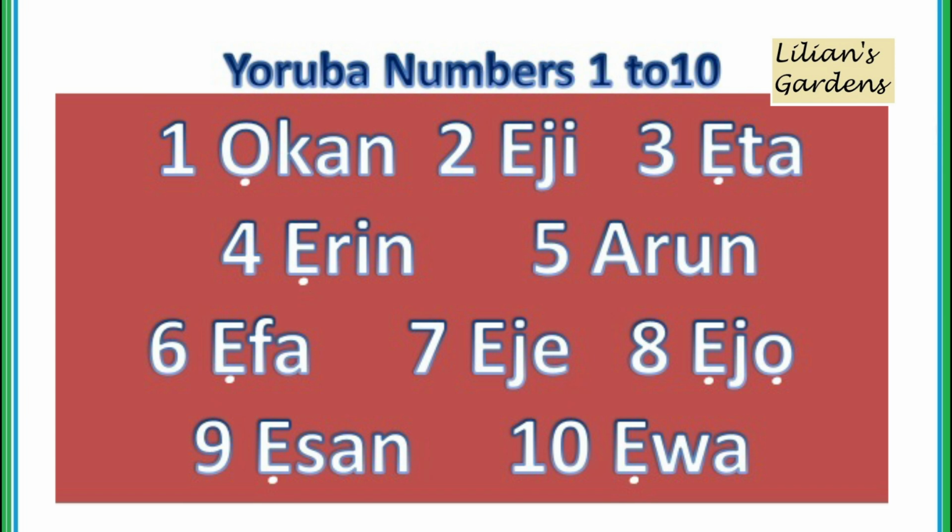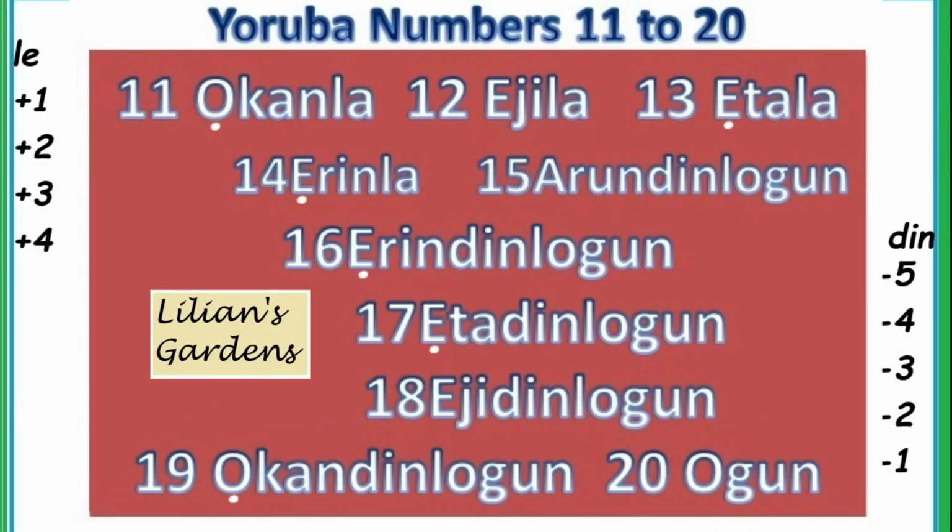When you have learned this first 10, you now go on and start using the Yoruba numbers rule. The 4 with the lé, and then the 5 with dín. Dín means less than.